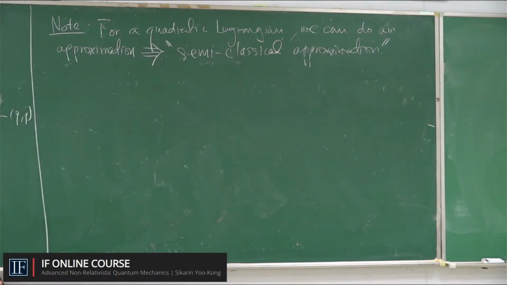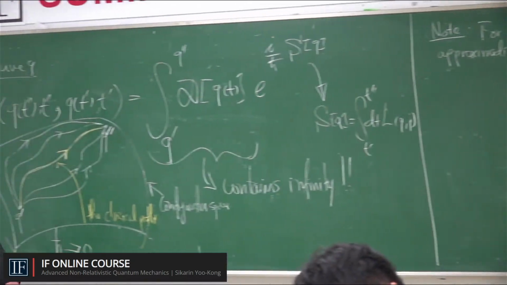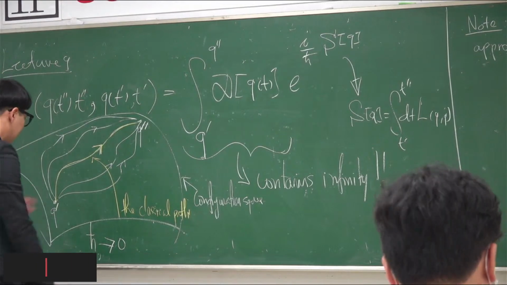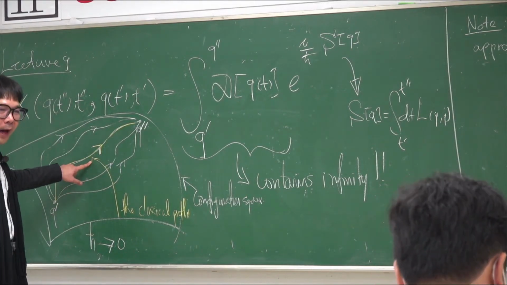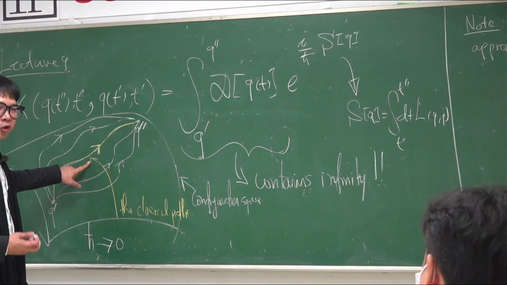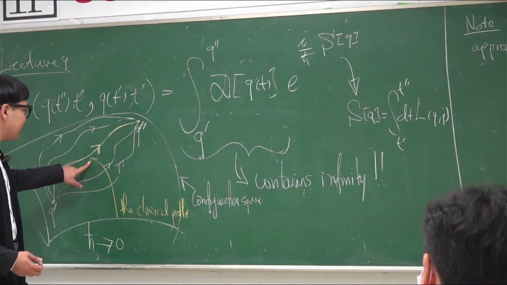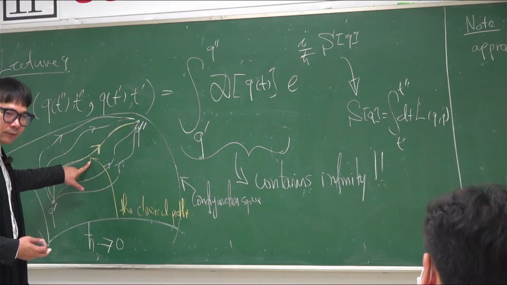As I explained last time, when you consider the limit where h bar goes to 0, the importance of the classical path gets stronger and stronger, and finally you get only one component.